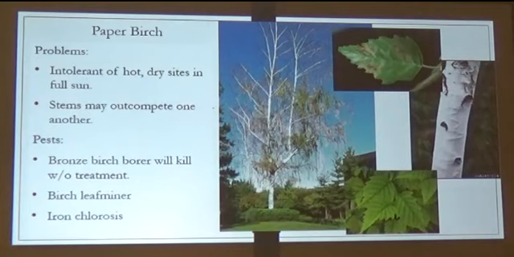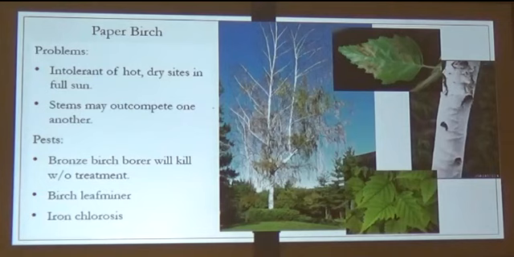But the secondary, I guess, main reason is that we have several insect problems with birches. Whether it's a river birch, which they suggest instead of a paper birch, they all have two of the three: bronze birch borer, leaf miner, and iron chlorosis.